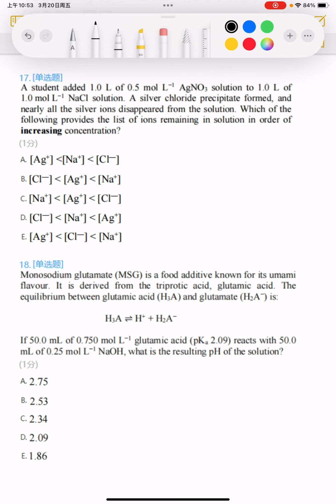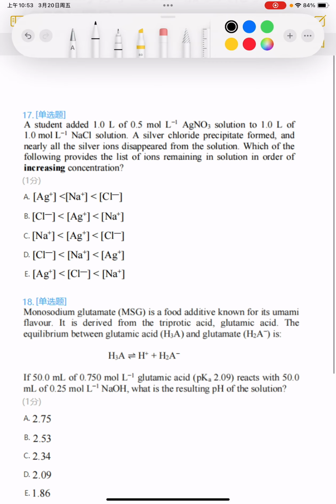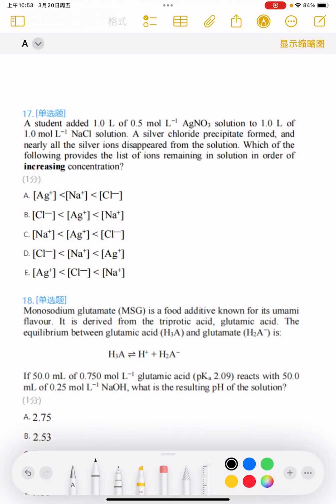Also, they are told that the equation for this is right here. Since they're telling us that the silver ions have all disappeared, that means the silver ion has got to be at the bottom. So we can instantly take out B, C, D.